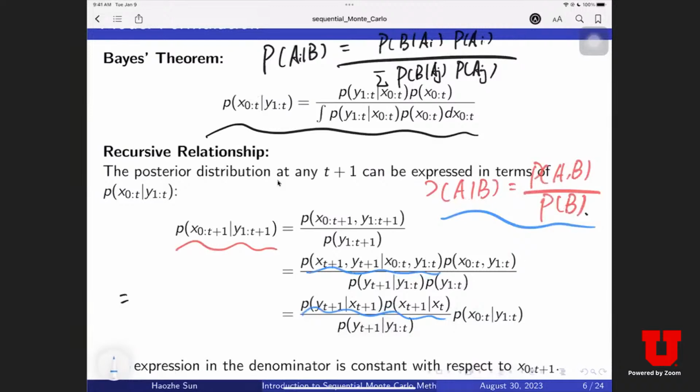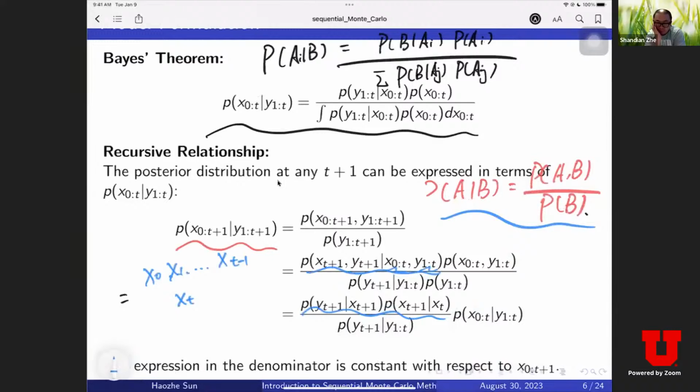The Markov process means that the state at time t plus 1 only depends on the state at time t. So we do not need to use x0, x1, up to xt minus 1. It only depends on xt. So we can get these equations, right?